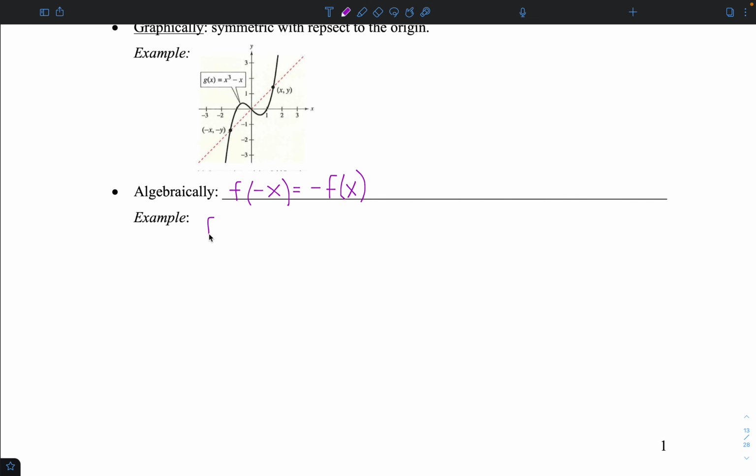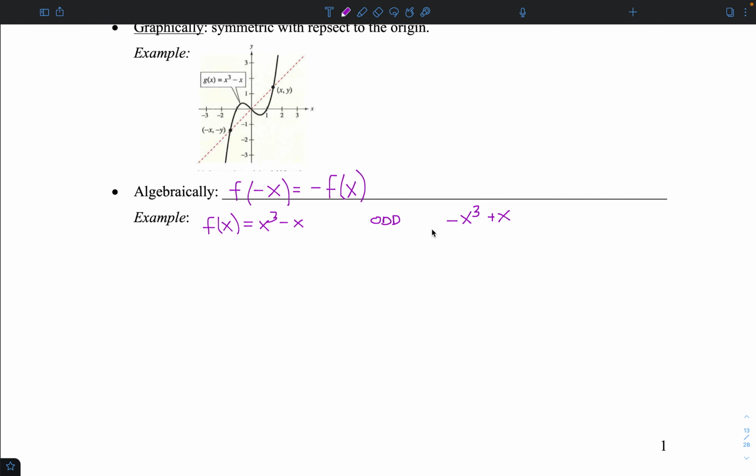Let's take a look at this example. We have f of x equals x cubed minus x. Now, if this is an odd function, I'm going to write that over here. If it's odd, my function will be negative x cubed plus x.